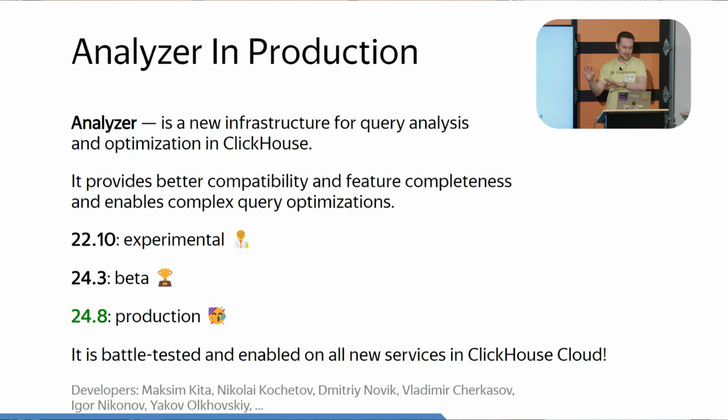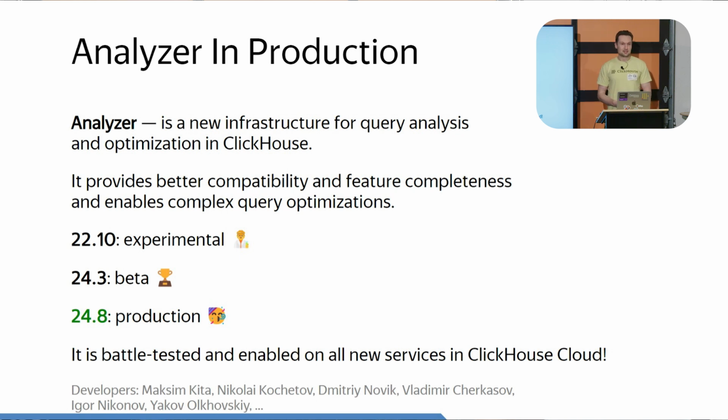You enable Analyzer and your queries magically work. And mainly it applies for queries with complex joins, with a lot of dependencies in names. For example, it was not able to write a query with multiple array join operations. There is a special kind of join named array join. Now it is possible.